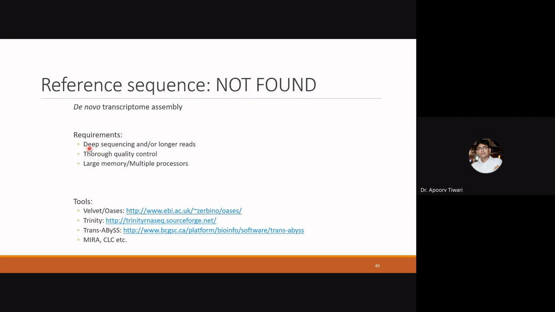So you can see, if you do not have the reference sequence, then these are the requirements: deep sequencing, longer reads, thorough quality controls, large memory, and multiple processors for this analysis. These are some basic tools which are used for de novo transcriptome assembly, and among them Trinity is the most widely used software for de novo transcriptome analysis.